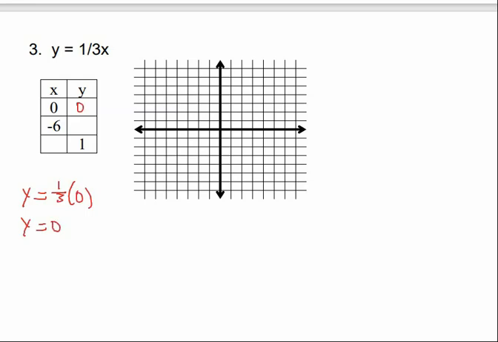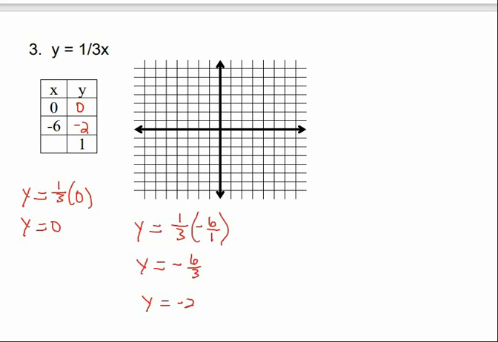Then if I plug in negative 6 for x, I have y is equal to 1/3 times negative 6. Since I'm multiplying times a fraction, I'm going to make this 6 a fraction by putting it over 1. So negative and positive give me a negative 6 over 3, which would reduce to negative 2.